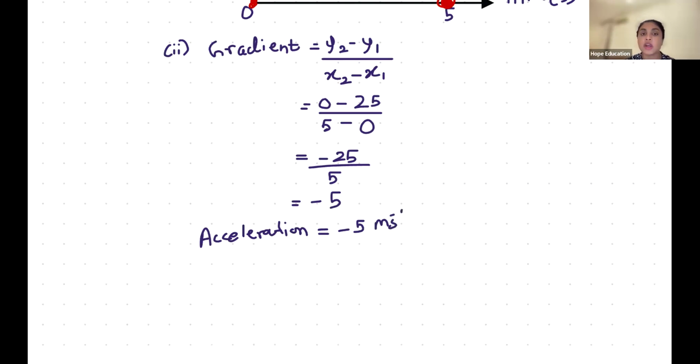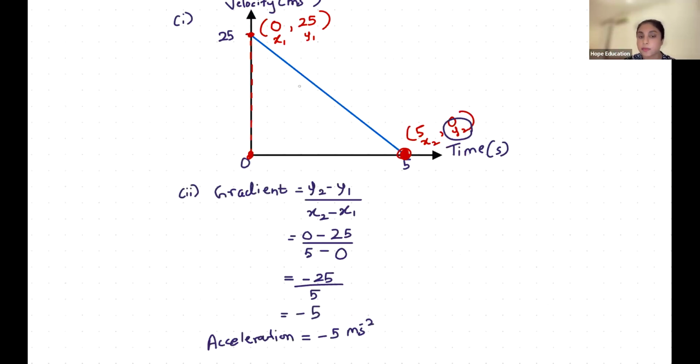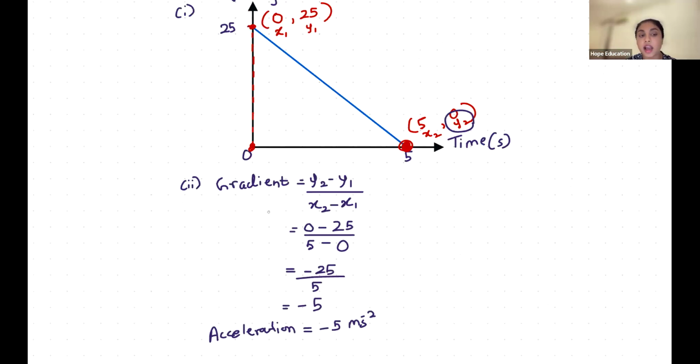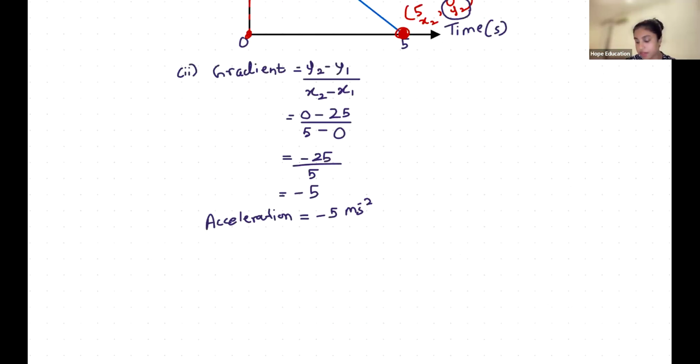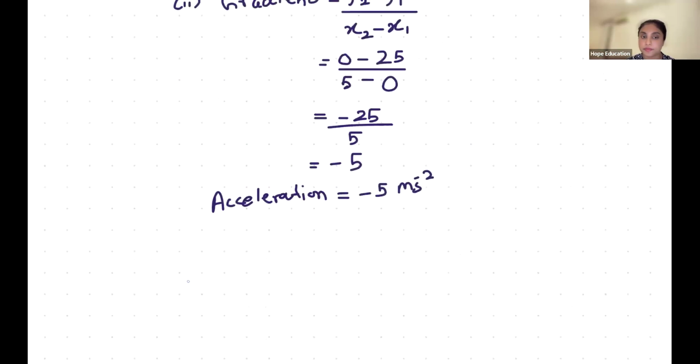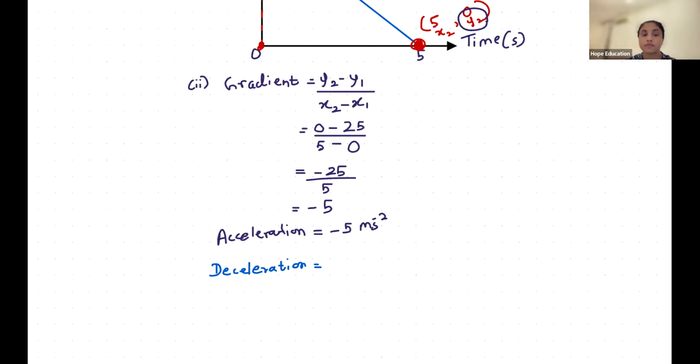So see, the velocity has decreased, which means that what has happened is actually a deceleration, right? They haven't asked it in the question, but if I asked you what would be the value of deceleration? If the acceleration is minus 5 m s to the minus 2, the deceleration is 5 m s to the minus 2.